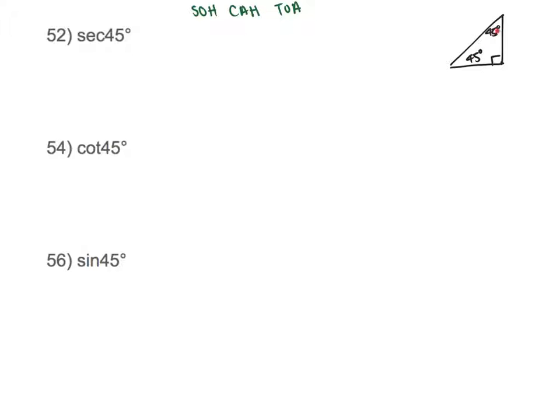So if I have these two angles here, I can build myself a triangle, and I'm just going to make it a really simple triangle by making one of the sides 1. So if I know that this is a right triangle and 45, if this side's 1, this side's also 1.